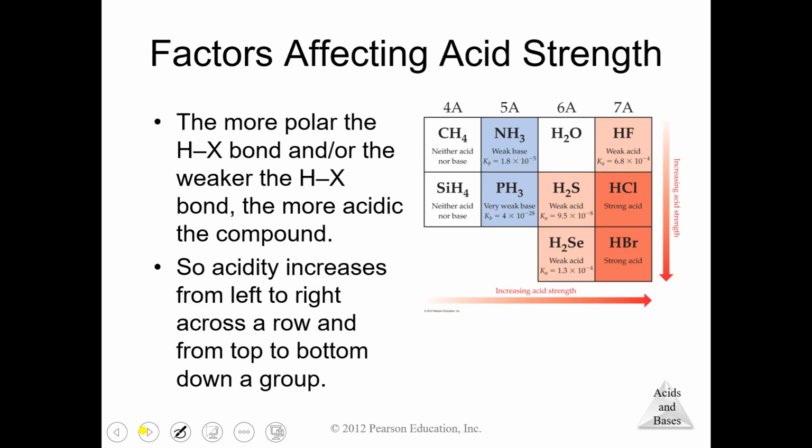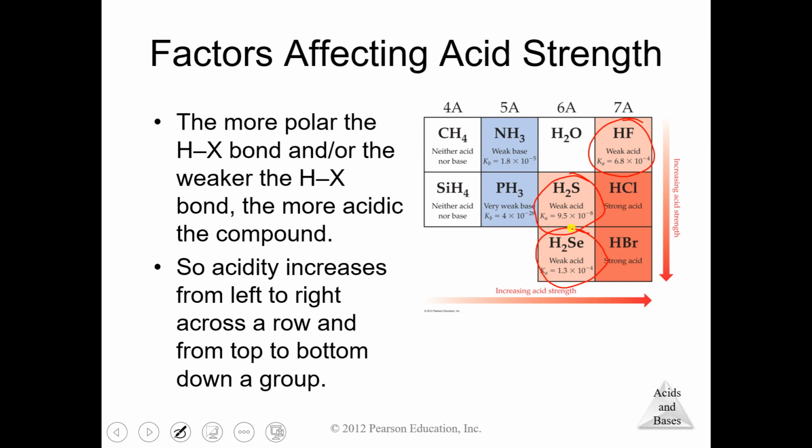So some of the factors that affect acid strength, we've talked about this a little bit. So remember, if you look here, weak acid, weak acid, weak acid, okay? All of those are weak acids that I've circled. What we see is that they're not weak because their bonds are weak.